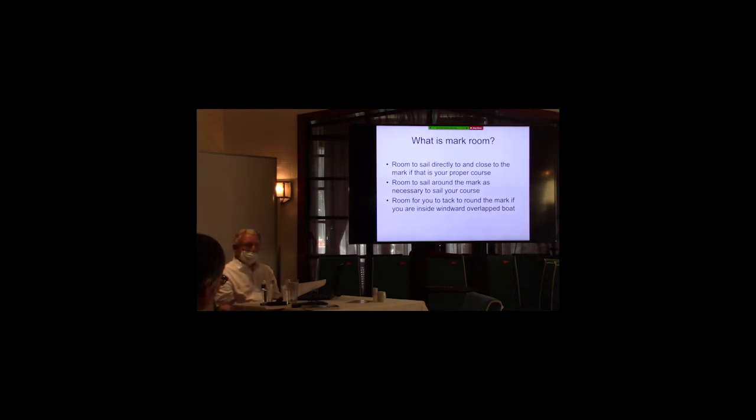So mark room is, as it says there, room to sail directly to the mark, and room to sail a course round the mark. If you're not a right-of-way boat inside, that's all you get, which is still enabling you to get around the mark, but it doesn't give you the right to sail a proper course.